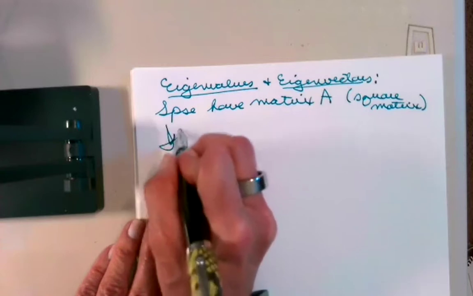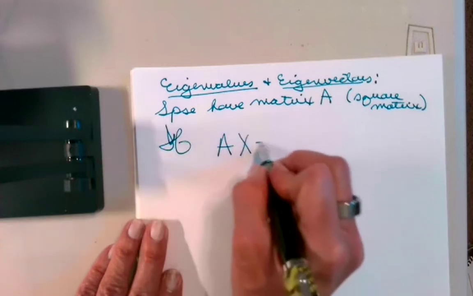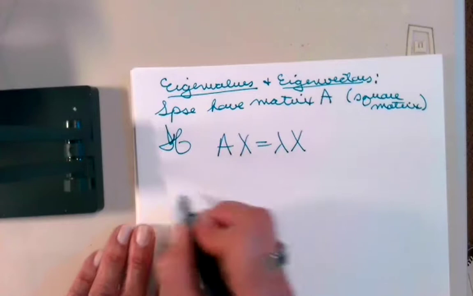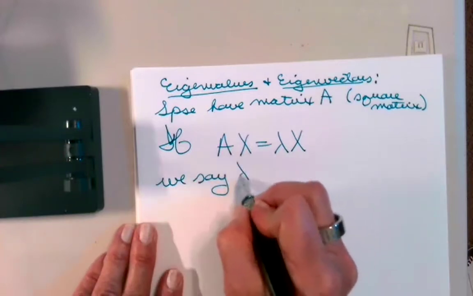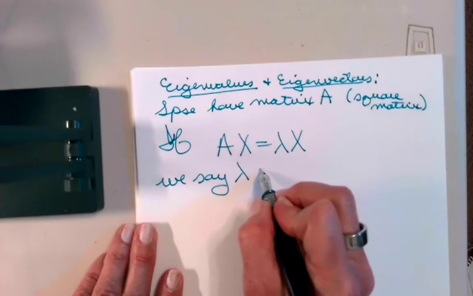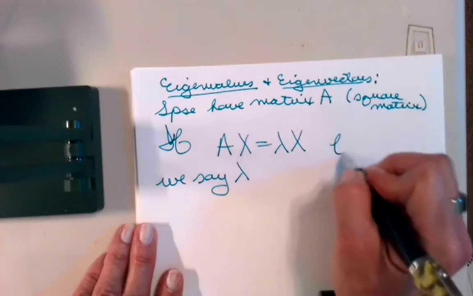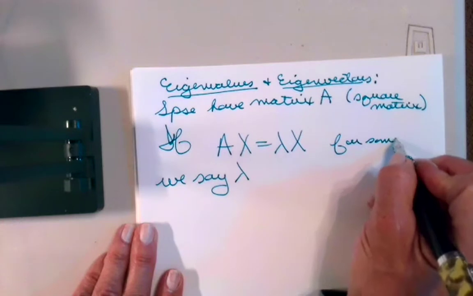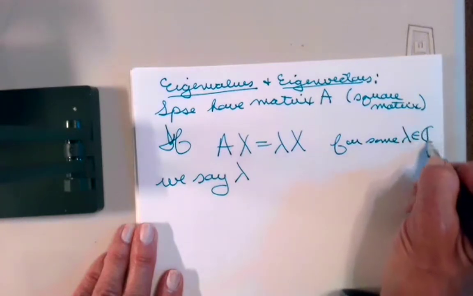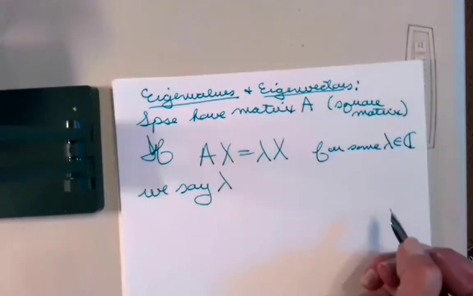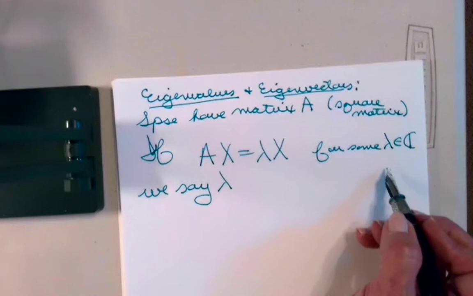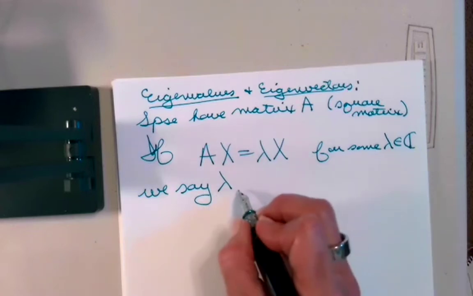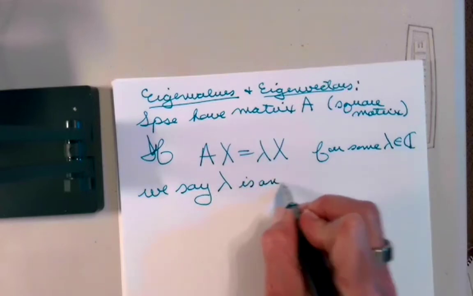If AX equals lambda X, we say lambda, which can be a complex number, is an eigenvalue of A. Even if you start with a matrix that has only real entries, very often your eigenvalue comes out to be complex.